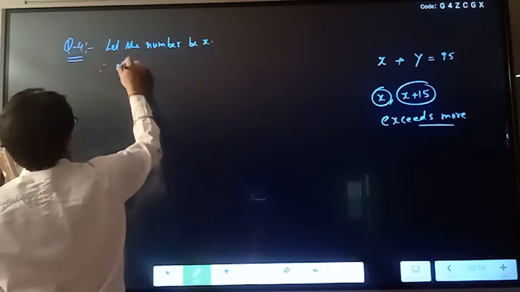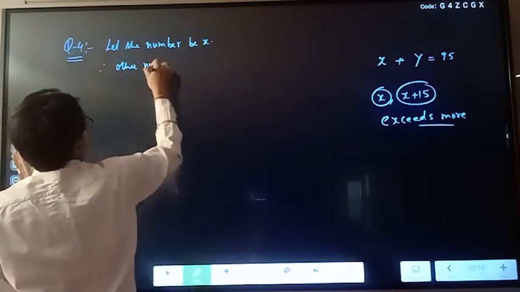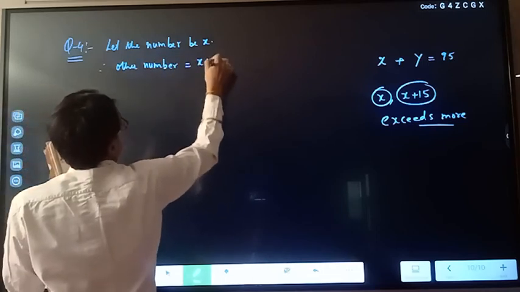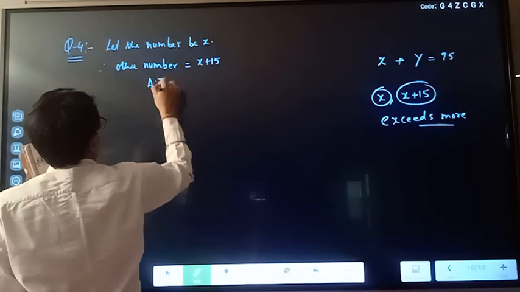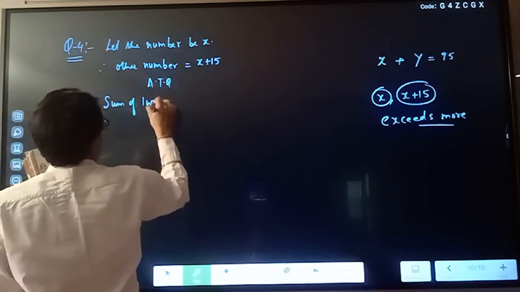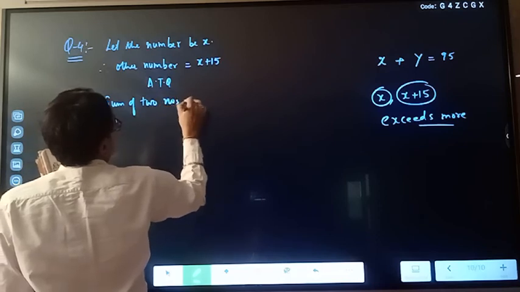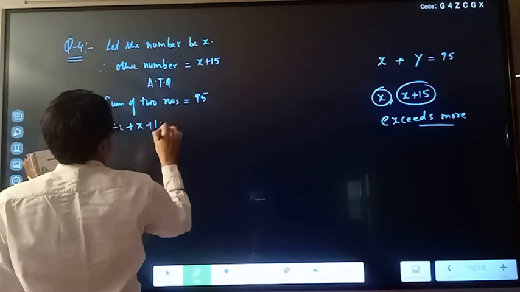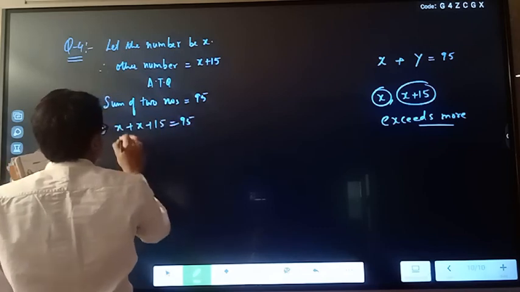Therefore, the other number is equal to x plus 15. Now, according to the question, the sum of two numbers is equal to 95.